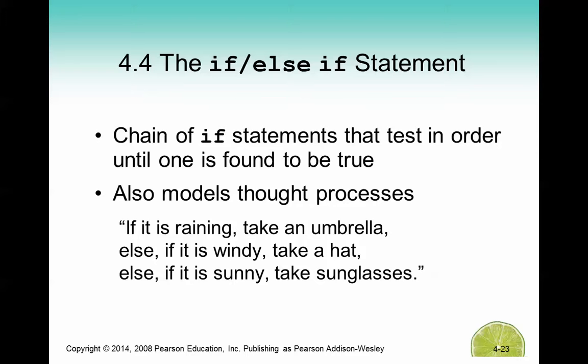If the result of the condition is true, the execution goes into that block. If the result of the condition is false, it's going to skip. We have the if-else, which is going to give us a true block and a false block. And then this is our third one, the if-else if.